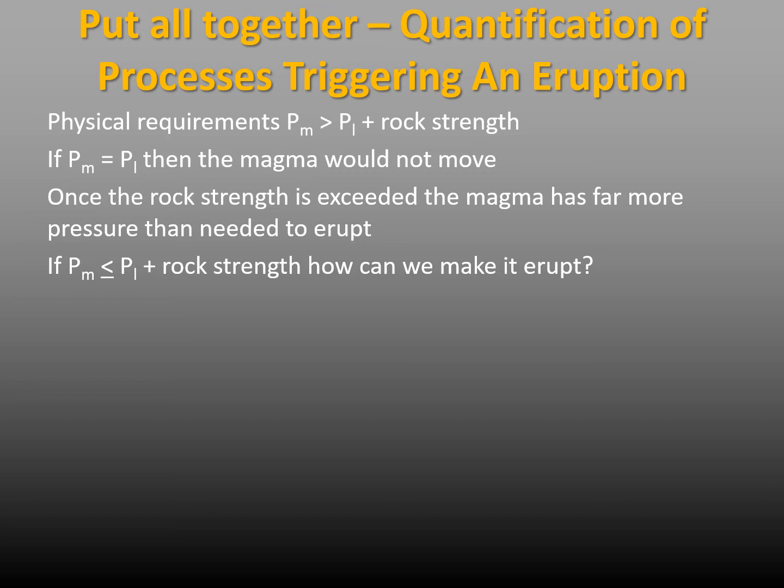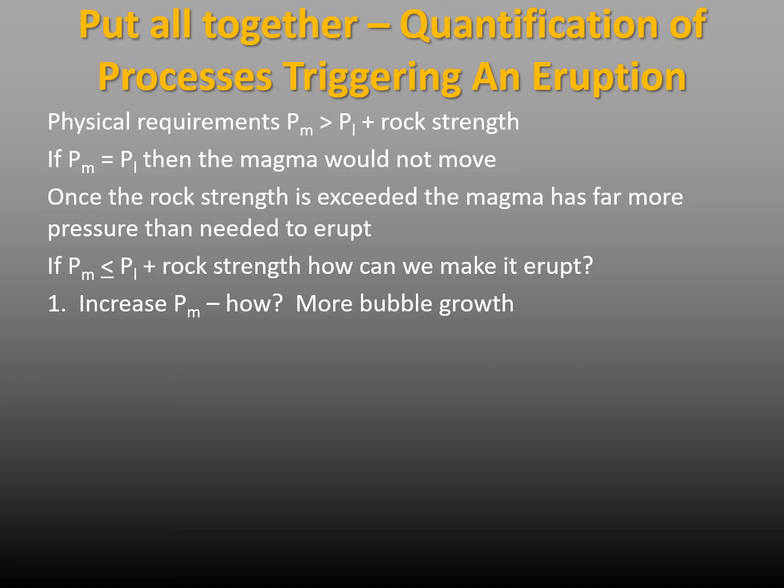We can make the magma more pressurized. We can make the rock above it weaker. Or we can change the lithostatic pressure. All 3 of those can actually trigger volcanic eruptions. Let's take this first case, the magmatic pressure.